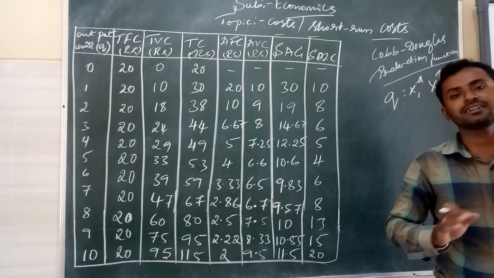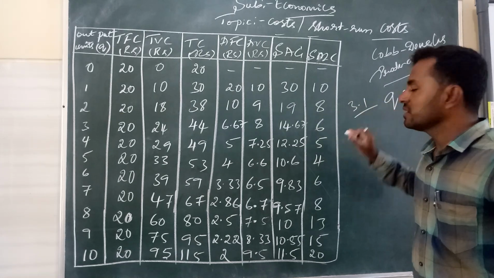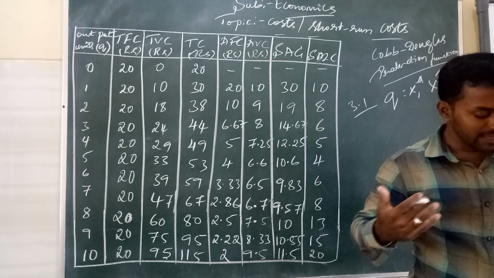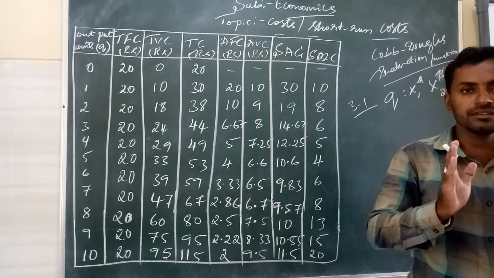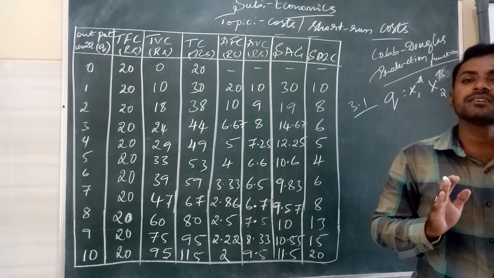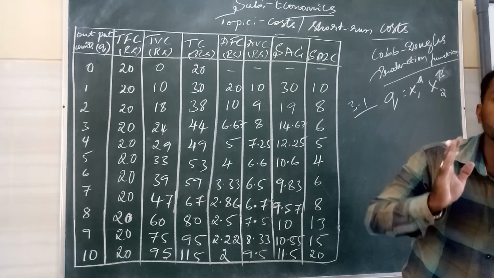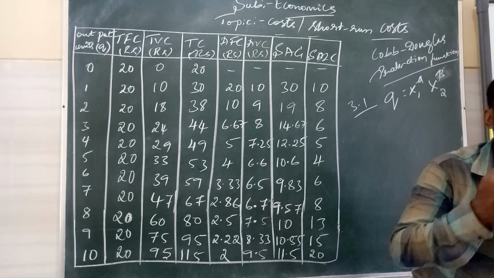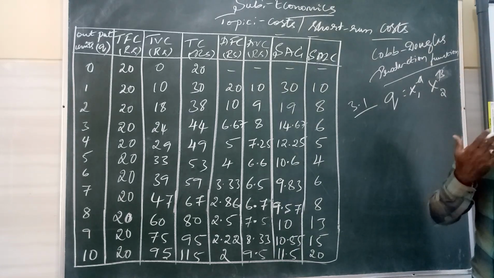That is, labor 6 units and capital 3 units, labor 4 units and capital 4 units, or labor 3 units and capital 6 units.